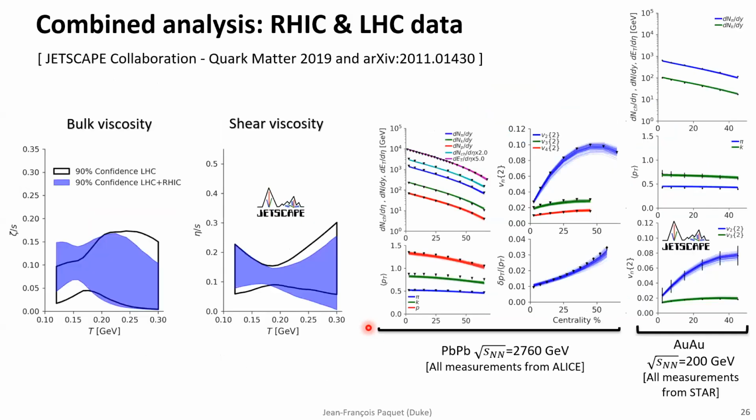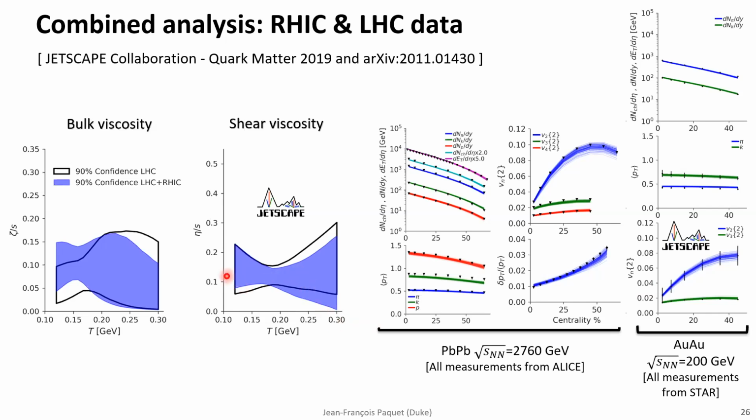The next thing that we did was to calibrate at the same time on measurements from the LHC and from RHIC. We used a smaller subset of measurements from RHIC just for technical reasons: identified hadron multiplicity, mean pT, and charged hadron v2.